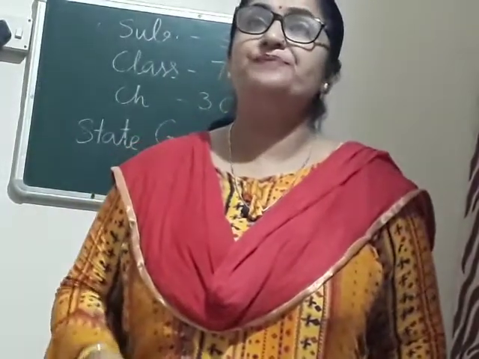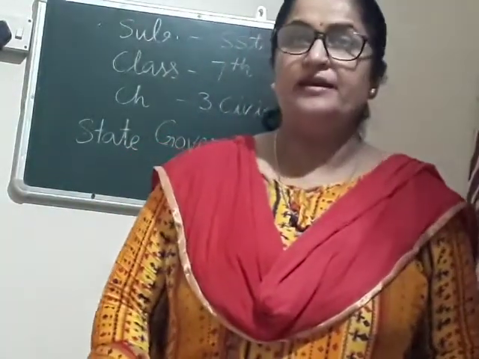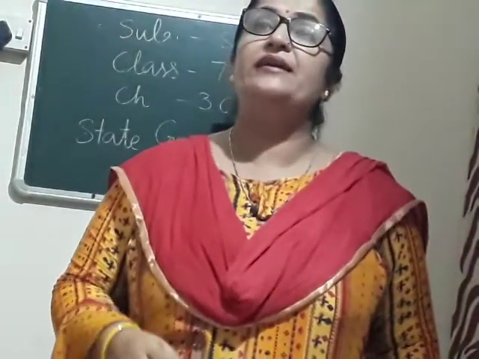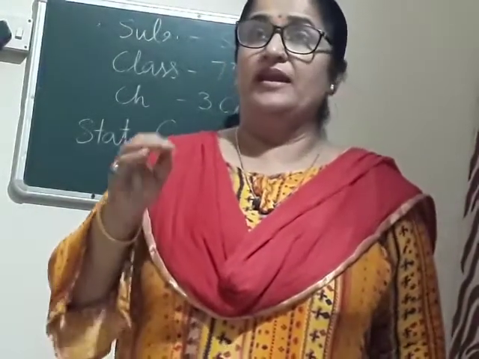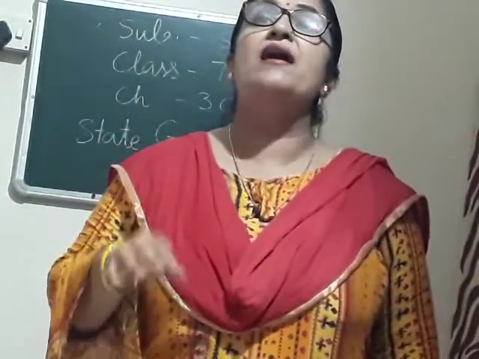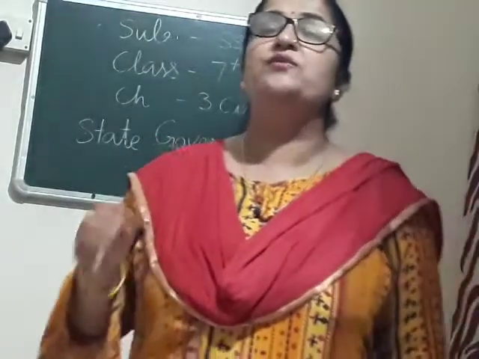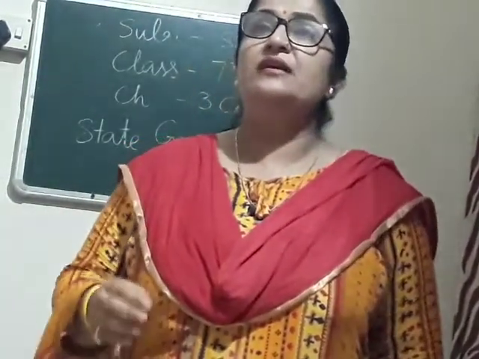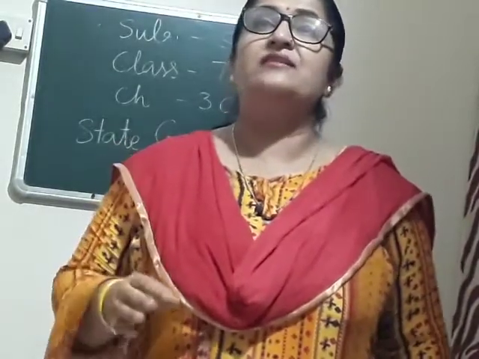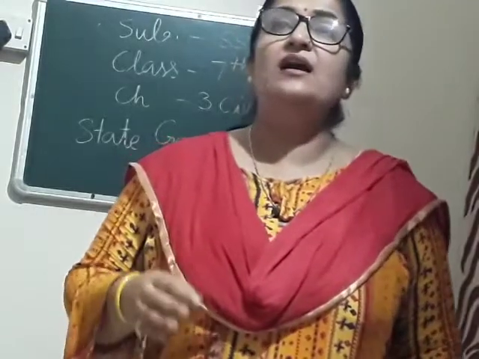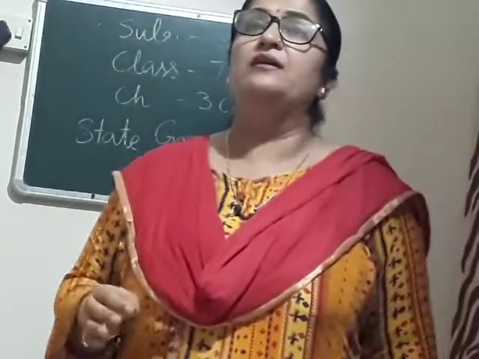Now about union territories. What are union territories? How many union territories are in India? In India there are 28 states and 9 union territories. And a union territory is a type of administrative division in the Republic of India.